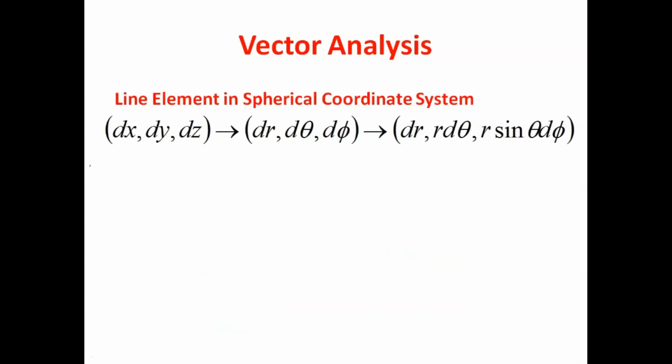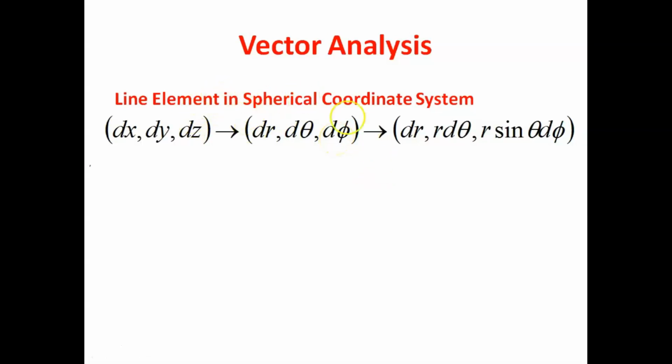Now for the line element in spherical coordinates, we shall refer to the Cartesian coordinates first. dx, dy, dz are the elemental length elements, and in the case of spherical coordinates, if we differentiate the coordinates, we have dr, d theta, d phi. dr is a length element, but d theta is not, and d phi is also not. Both of the last two are angular variations.